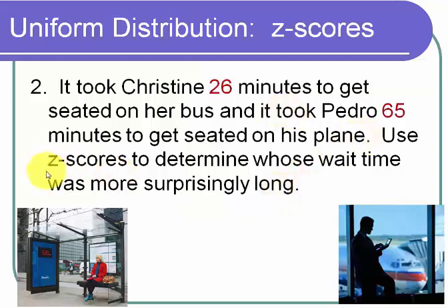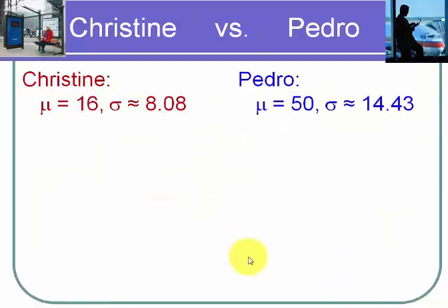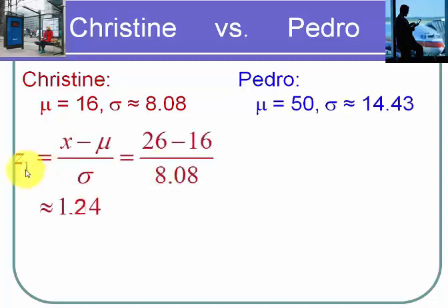So we're going to use a z-score, which we've seen before in this class, to find out who should be more surprised. If you remember, the formula for the z-score is z equals x minus mu divided by sigma. So just plug in. X for Christine was 26 minutes for her wait time, mu was 16, sigma was 8.08, and I put that in my calculator.